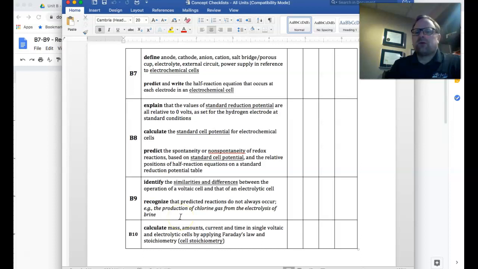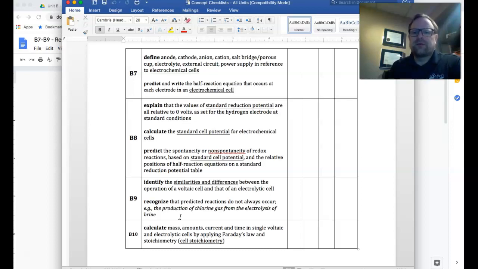It's really where we're going to talk about what is similar and what is different about voltaic and electrolytic cells. What are the commonalities between the two, and what are the differences. And I'm going to say this now, and I'll say it again many more times in this section: electrolytic and voltaic cells are not opposite to each other.